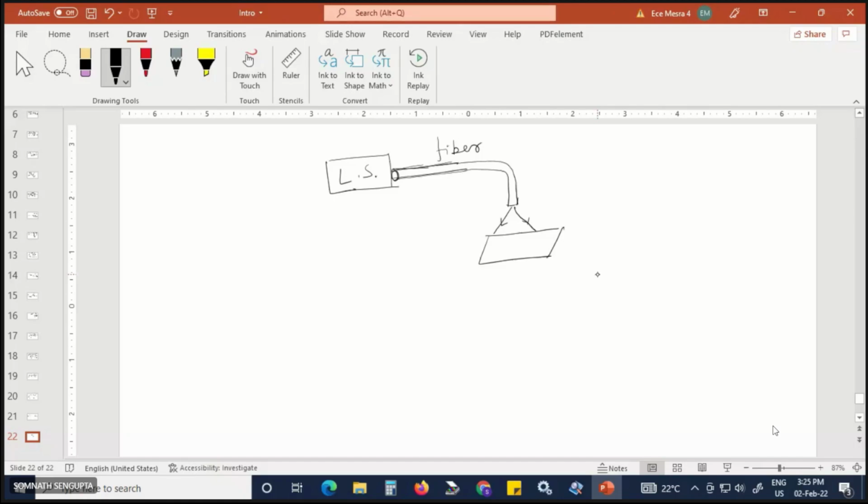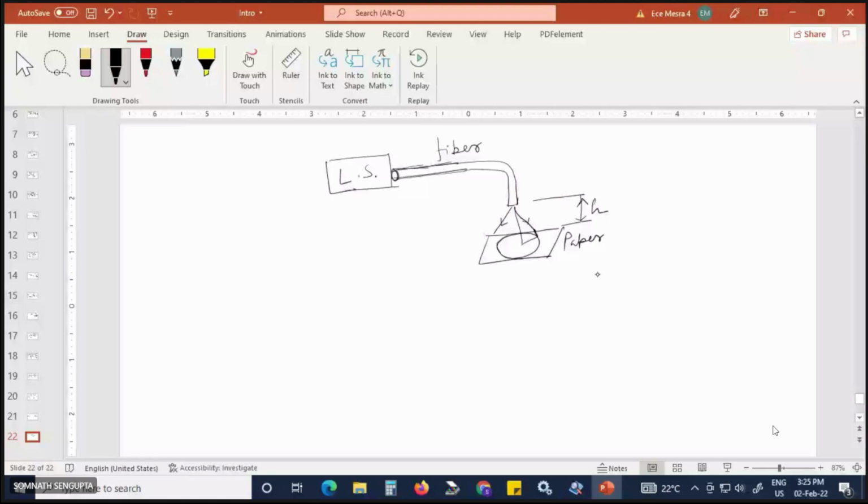It will show some spot. Now if you know the height, the distance from the fiber end to the paper, and use some trigonometry, the Pythagoras theorem, it will make a triangle.